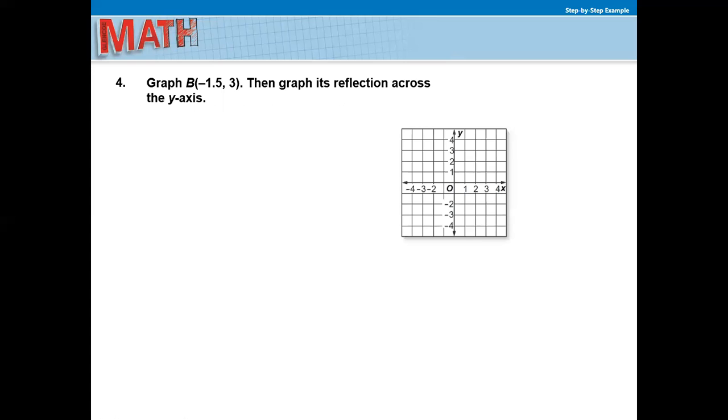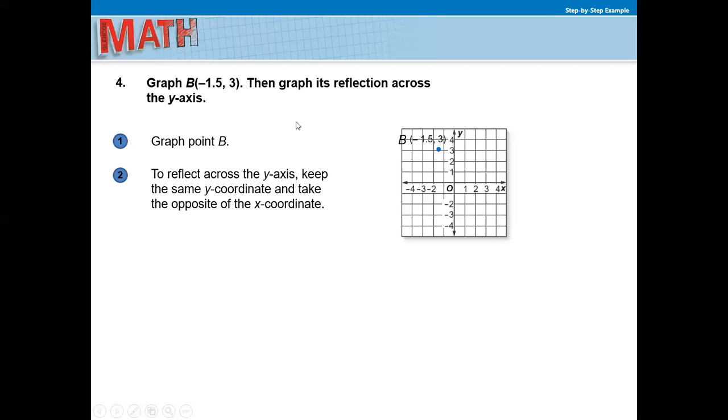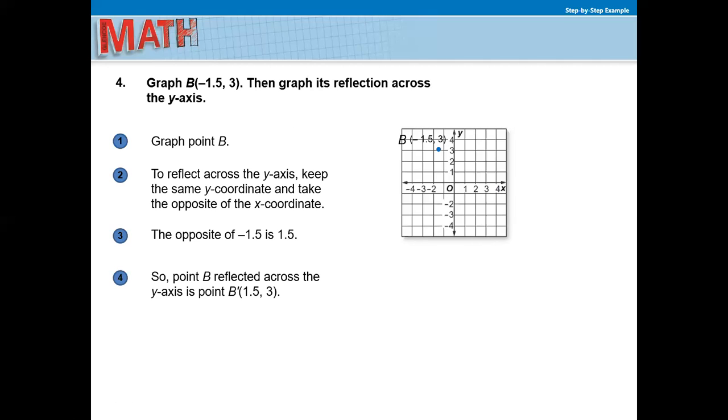Number 4, graph point B, -1 5/10, 3. Then graph its reflection across the y-axis. To reflect across the y-axis, keep the same y-coordinate and take the opposite of the x-coordinate. The opposite of -1 5/10 is +1 5/10.